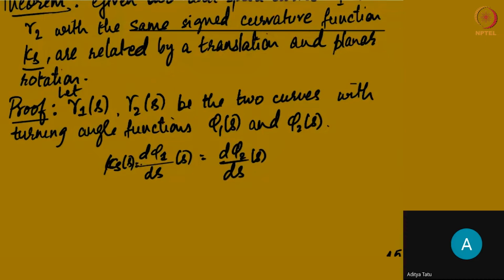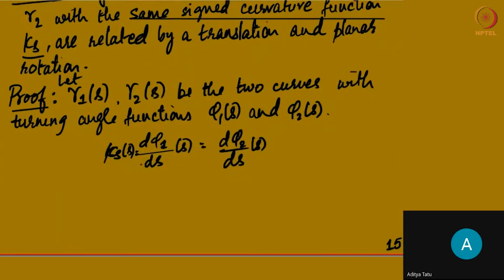Right? Because this is nothing but the signed curvature kappa of s. So now, from your school calculus or your first semester calculus course, what is the relation between phi 1 and phi 2? Two functions, they have the same derivative everywhere. So can the two functions be different? If yes, then what is the difference?